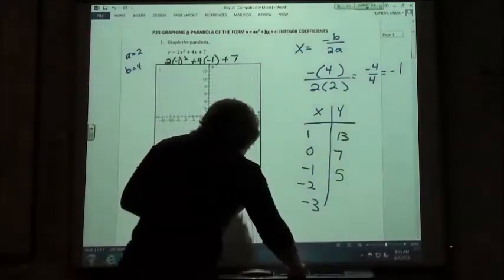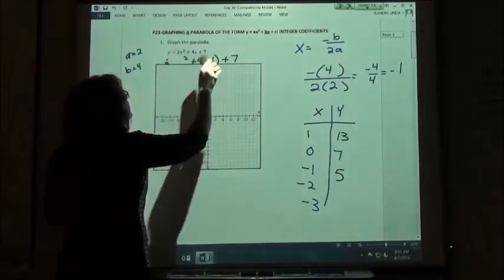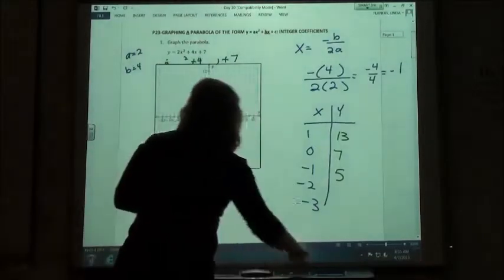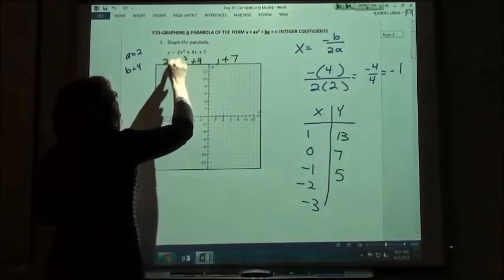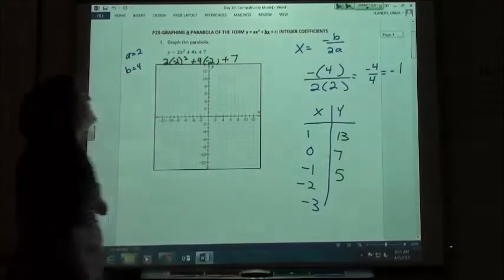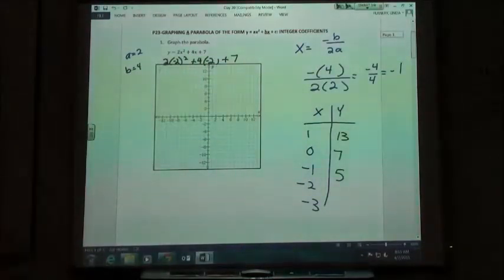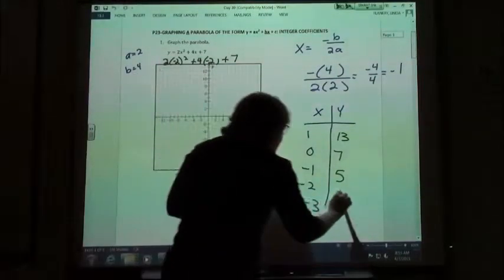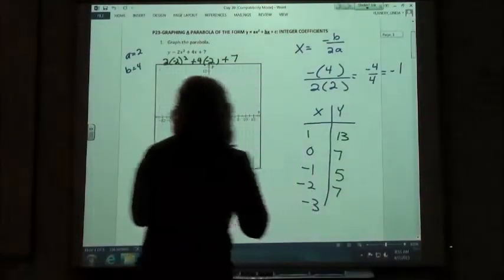Now we got to put our negative 2 in. 2 parentheses negative 2 squared plus 4 parentheses negative 2 plus 7. 7, and then our negative 3 goes in there.